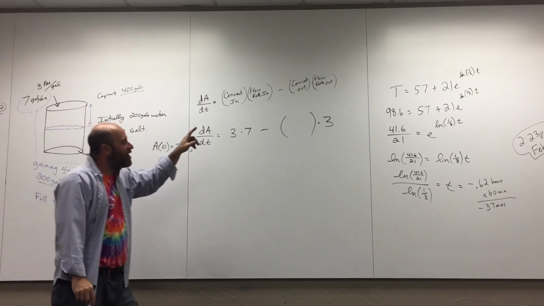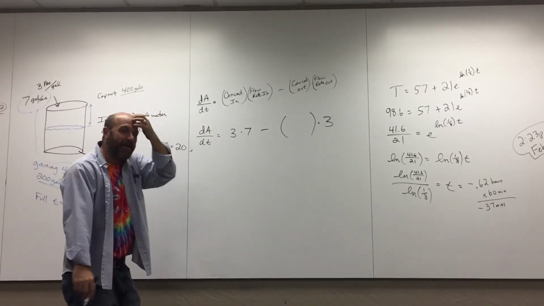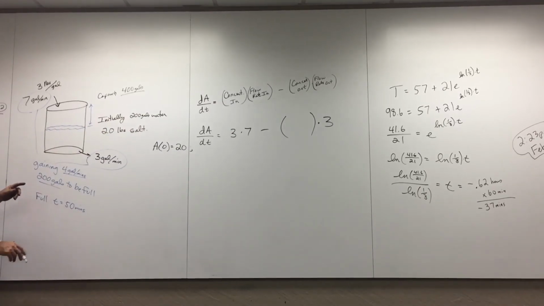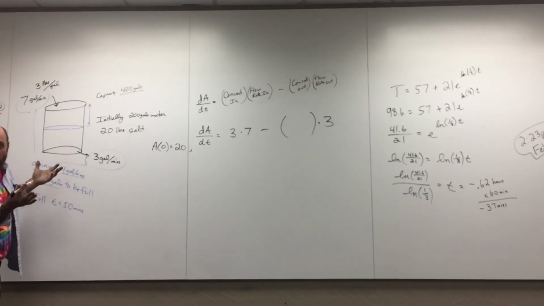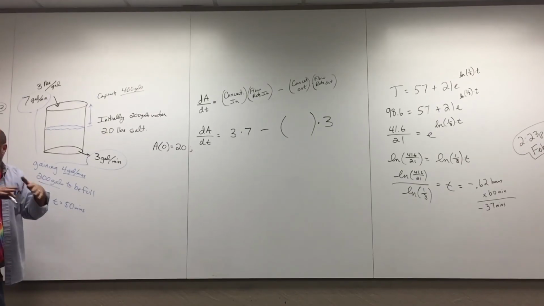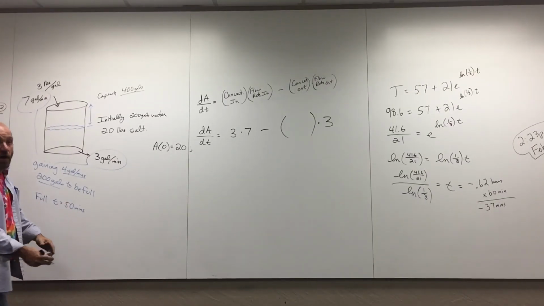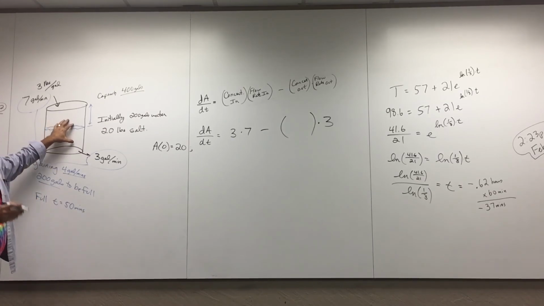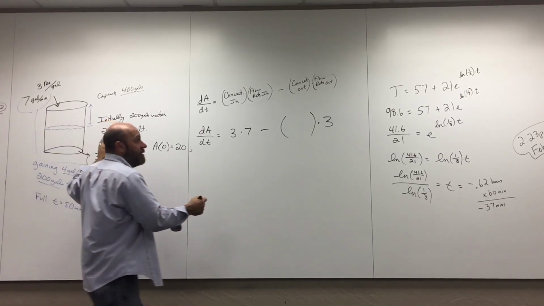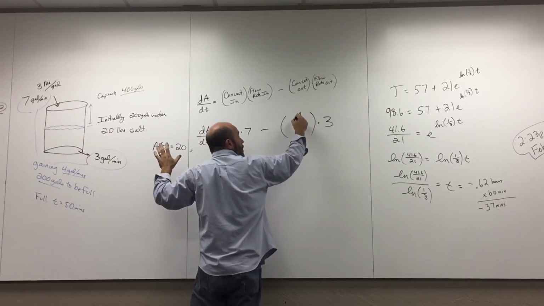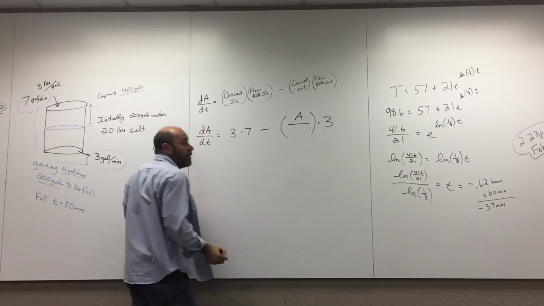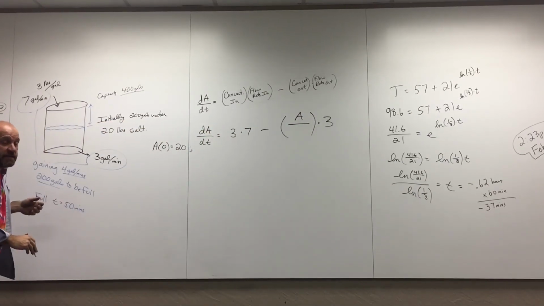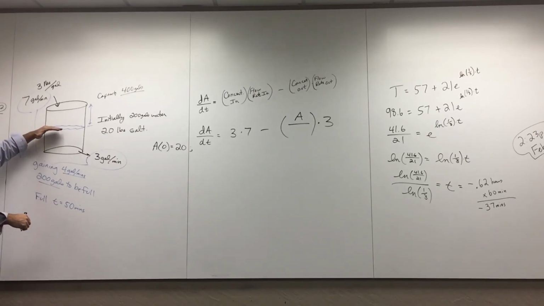Here we go. The concentration coming out. Well, concentration is an amount of salt over an amount of water. So the concentration that's coming out is an unknown amount of salt, so we're going to call that A, over how much water is in the tank. And the water in the tank is constantly changing.